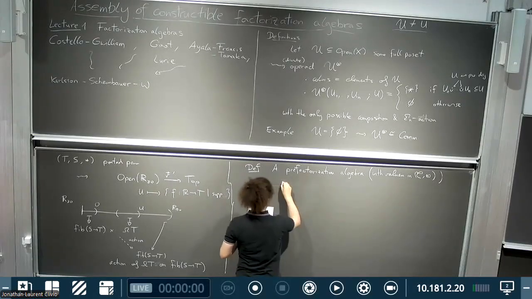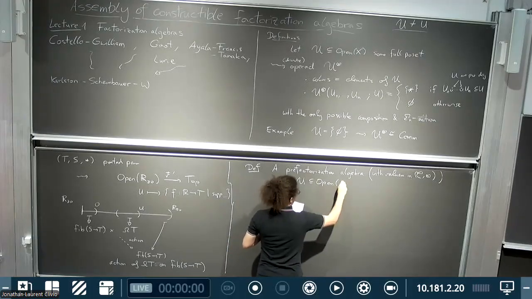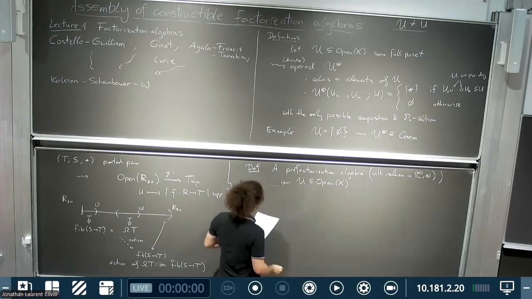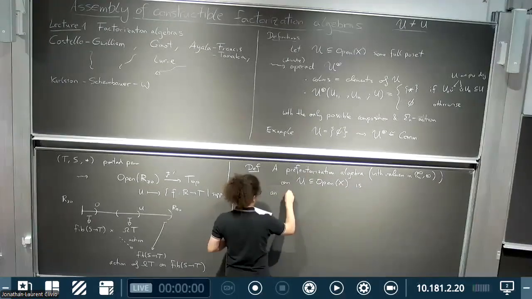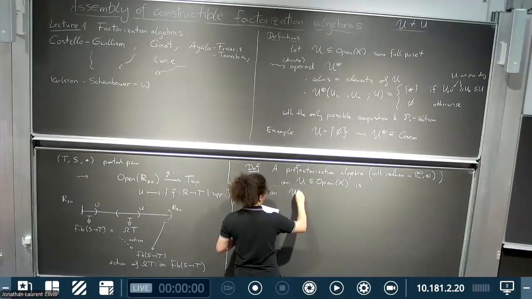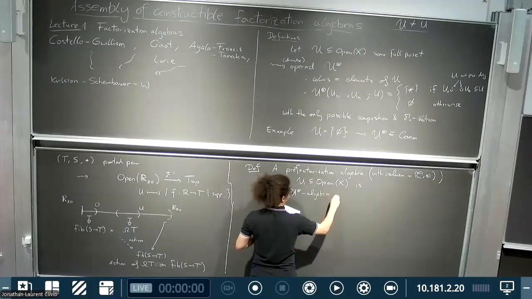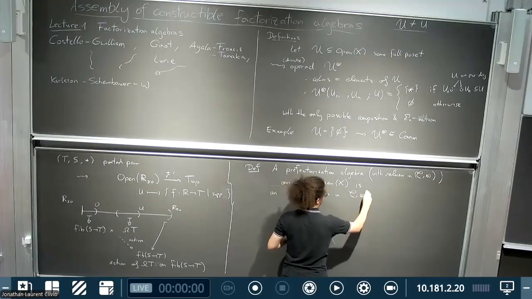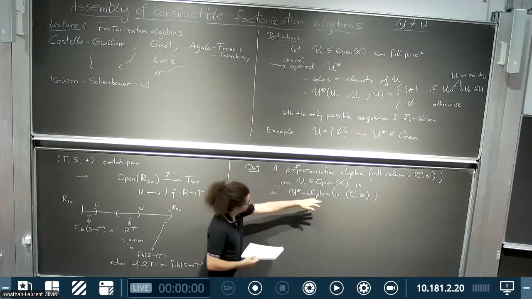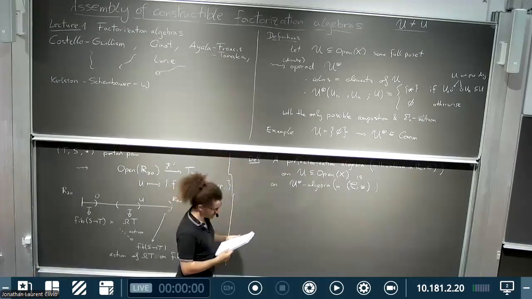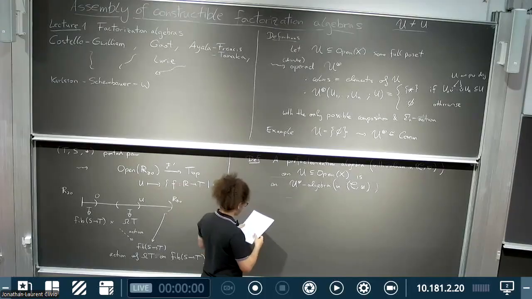But importantly, a prefactorization algebra on curl U, where curl U is some subposet of the opens of X, is just an algebra for this operad in our target. And again, when I say algebra, it will always be in our target, so this will probably be the last time I explicitly write this, unless there is something very specific.